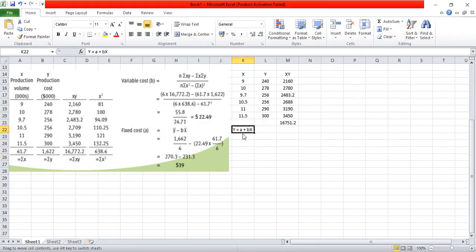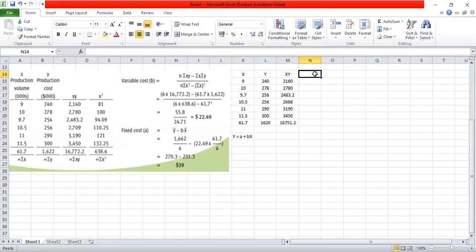That also has to be calculated. After that we need to find out x square, because the denominator has sigma x square and sigma x.